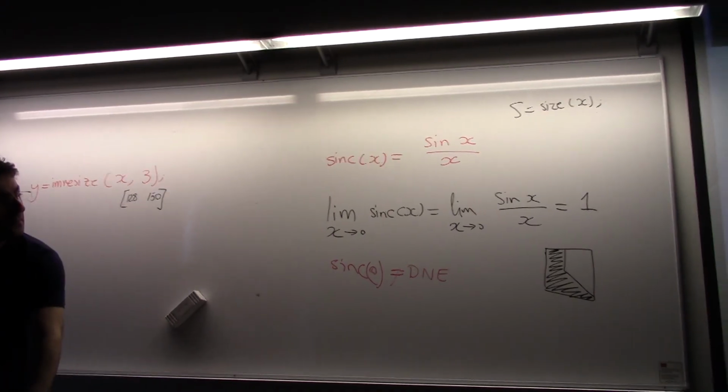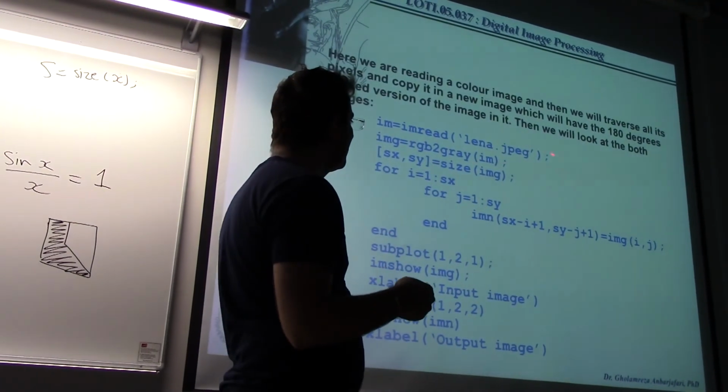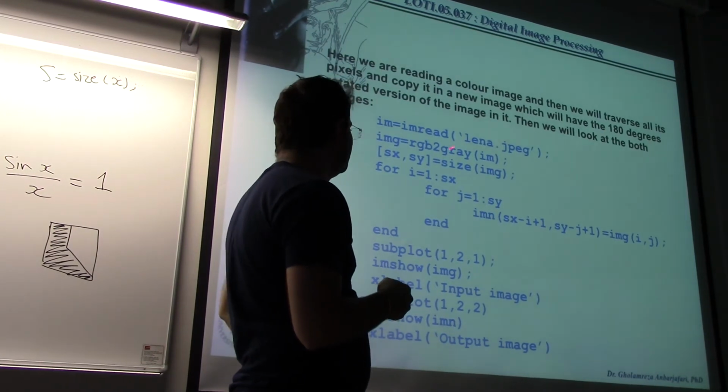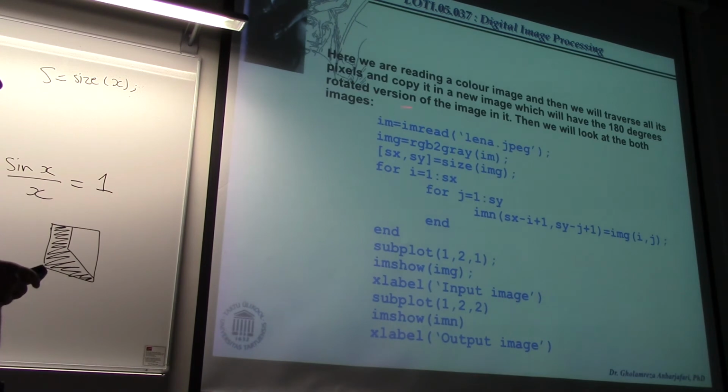And then here we have an example. It reads an image and rotates it 180 degrees. Those of you who took data analysis with MATLAB last semester, I think this was one of the samples that I saw in the class.